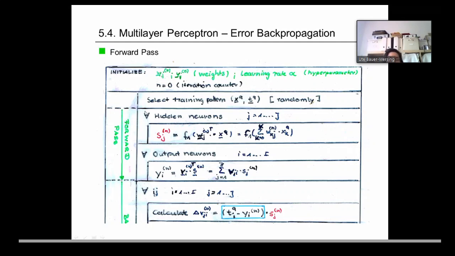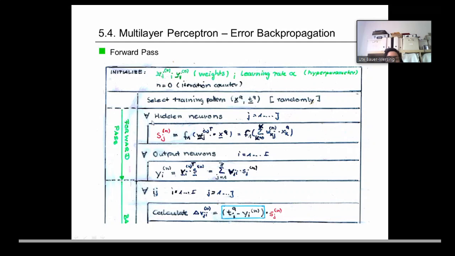What we do next is calculate the output of the hidden neurons, sj, for the nth iteration step. When we have calculated the output of the hidden neurons, we can calculate the output of the output neurons, yi, so the values yin, the complete output of the network.